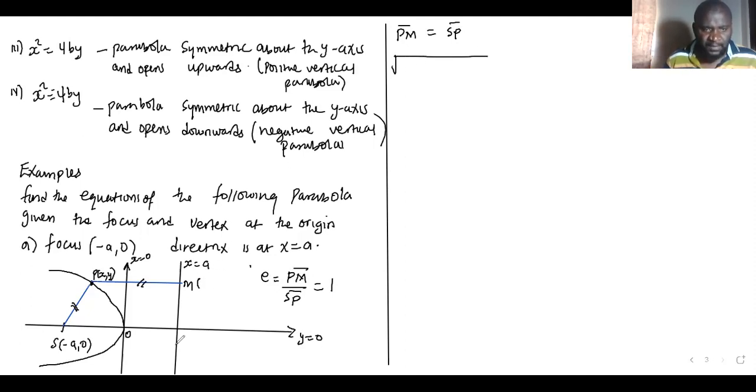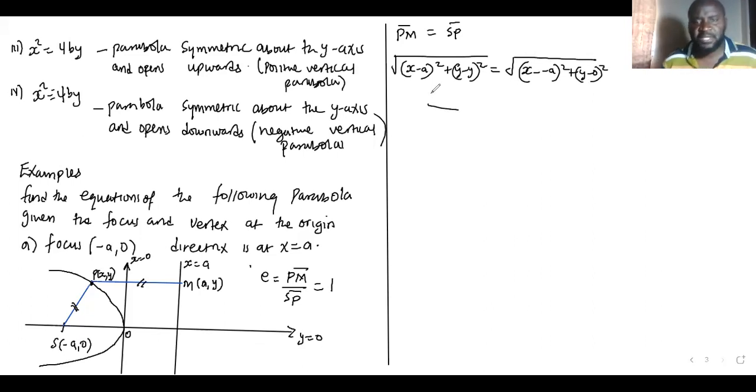This is x, so this is going to be A, y. So this will be the root of (x minus A) squared plus (y minus y) squared, is equal to the root of (x minus A) squared plus (y minus 0) squared.